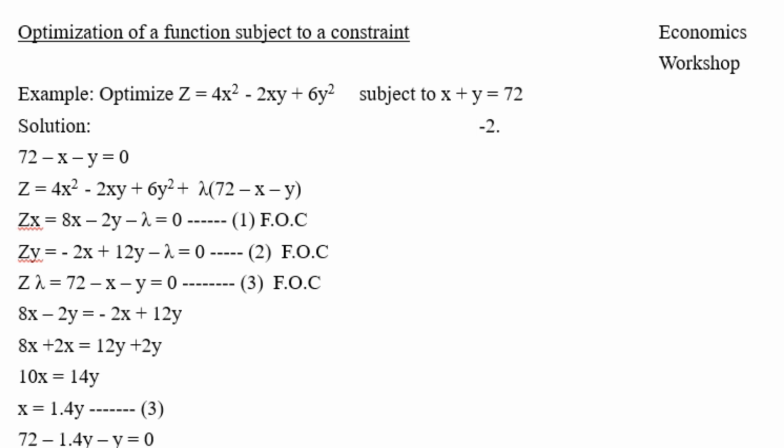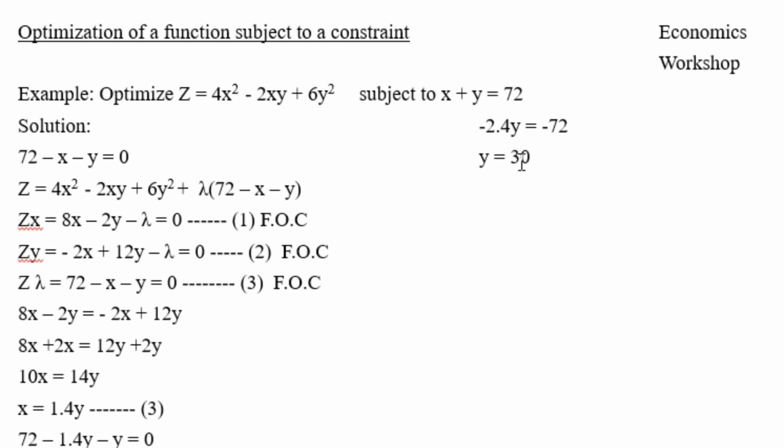Minus 2.4y equals minus 72. y equals 30.